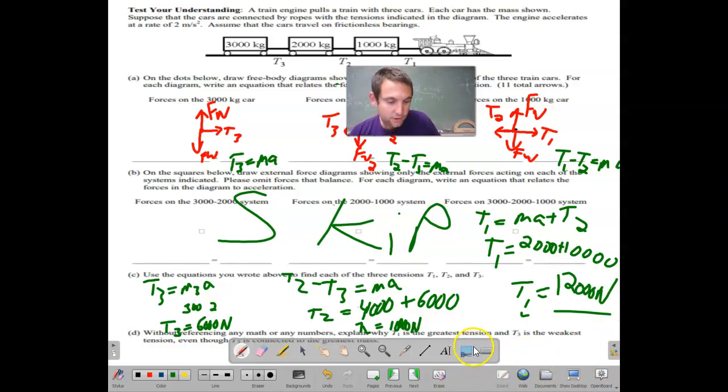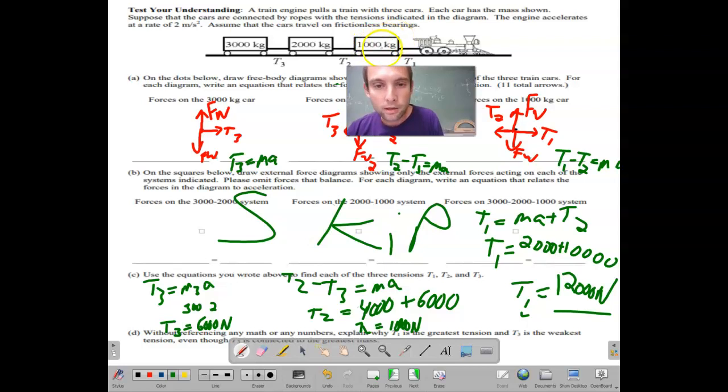Part D is asking for us, without reference to any math or numbers, to explain why T1 is the greatest tension and T3 is the weakest tension, even though T3 is connected to the greatest mass. What you should have written is: T1 is greatest because if you look at this entire train, this tension is not just pulling cart 1.